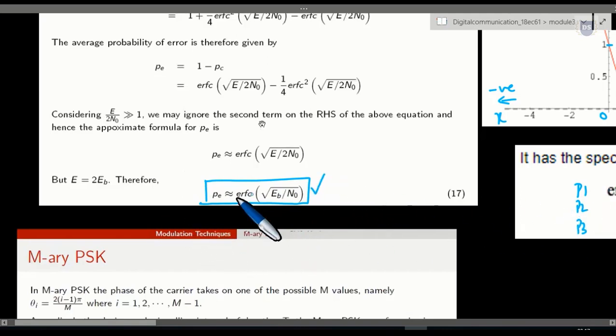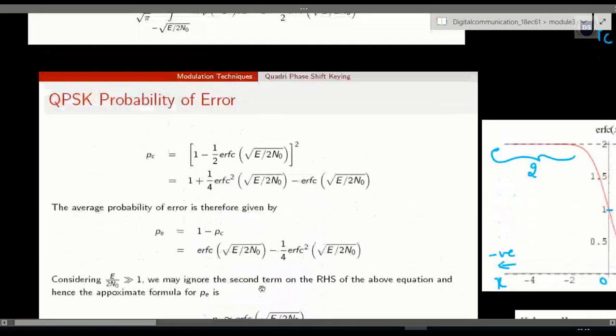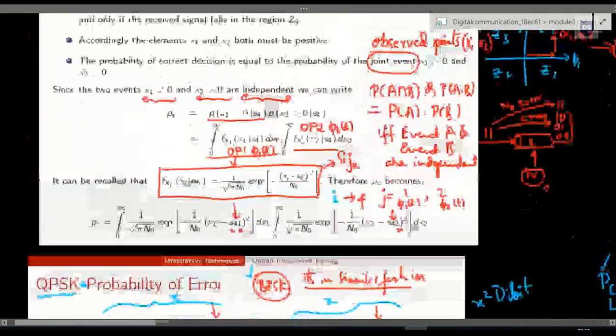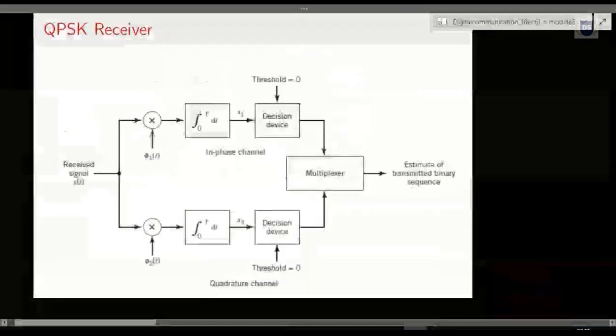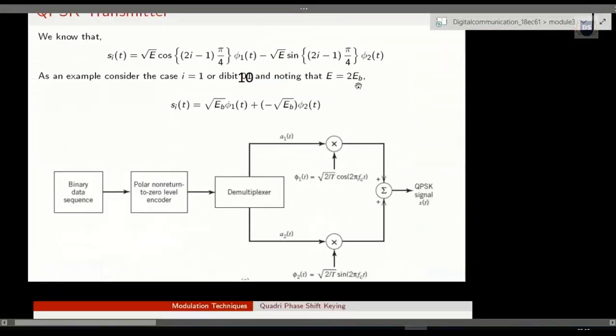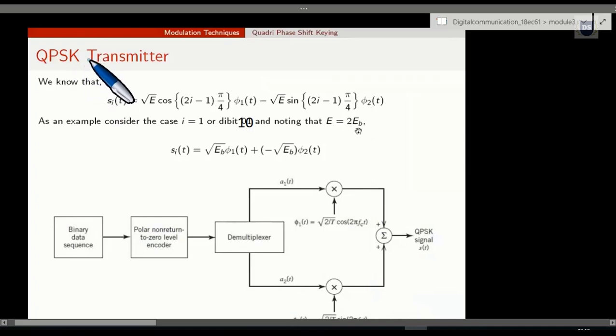Before we start discussing M-ary PSK, let's first go through the transmitter and receiver block diagram. So now let's consider the QPSK transmitter diagram, where it consists of a binary data sequence that produces mi of t, which in turn is fed to a polar non-return to zero level encoder, and then given to a demultiplexer. So what's a demultiplexer?